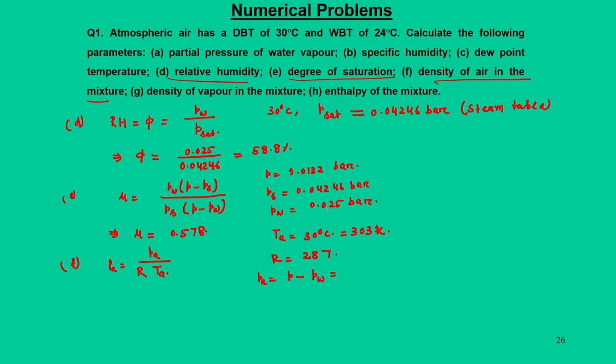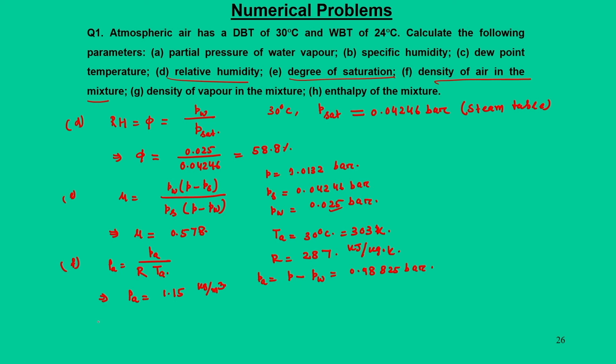So, Pw is this, so Pa would be 0.98825 bar. So, when you put this here, in kilojoule per kg Kelvin, we can find rho A as 1.15 kg per meter cube.